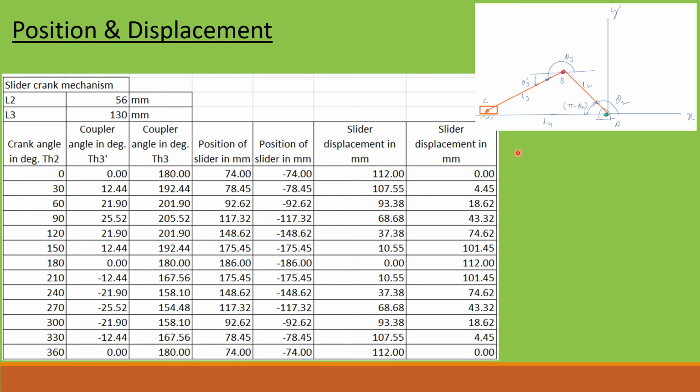If you want to consider this side of the axis as negative, then just multiply these values by minus. So we get these values. Here in this column, these are the slider displacement values when the leftmost position of the slider is 0. This column represents when the slider at the rightmost position is 0.